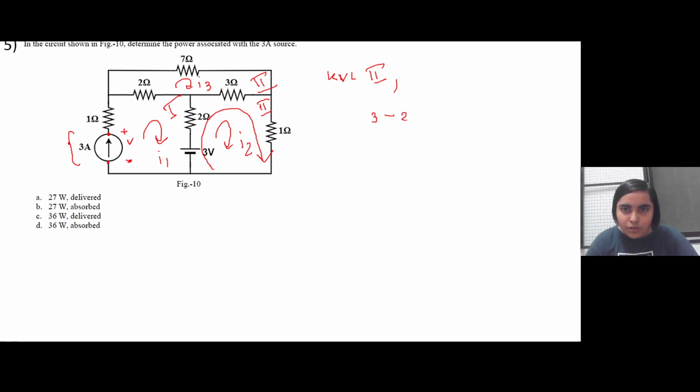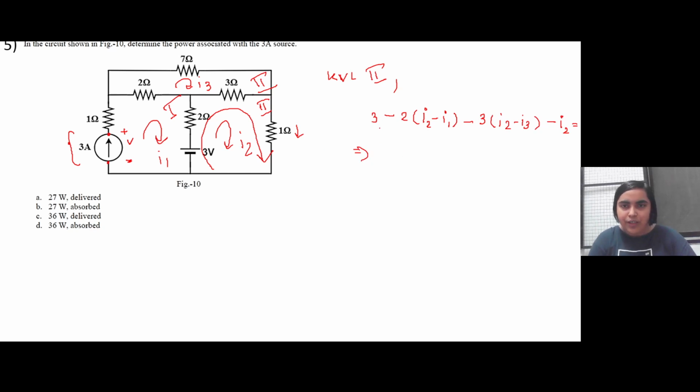So it is 2 into I2 minus I1, minus, then we come across this 3 ohm resistance. So I2 current is flowing from left to right, I3 current is flowing from right to left. So 3 into I2 minus I3, minus, only I2 current is flowing through here, so minus I2 into 1. So this will be one of the equations.